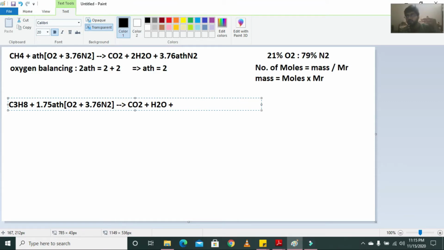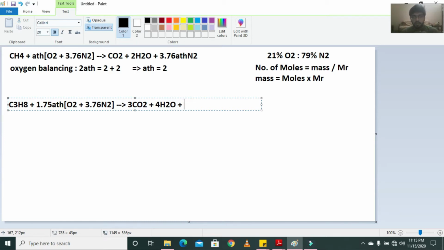It means that we have provided 75% excess air for the combustion process. Now if I balance this equation, I will put 3 here and 4 here.